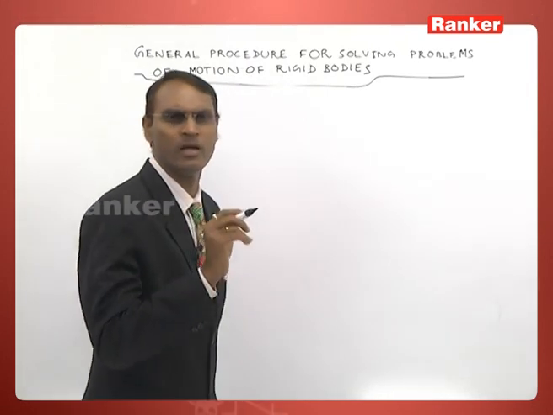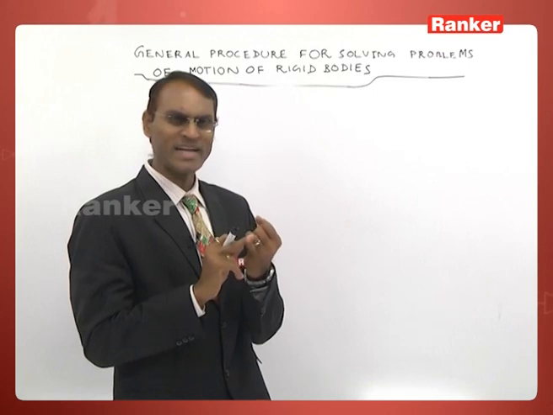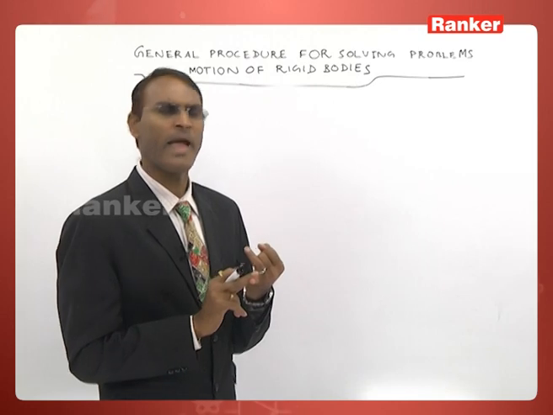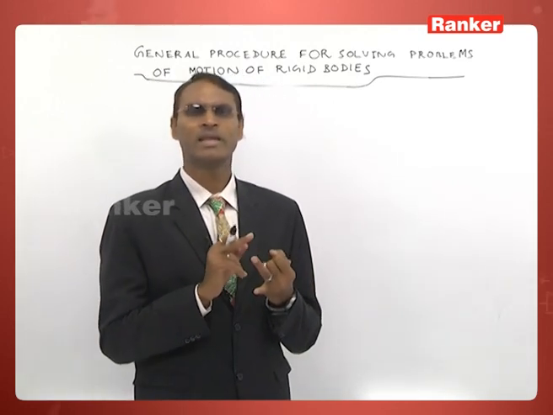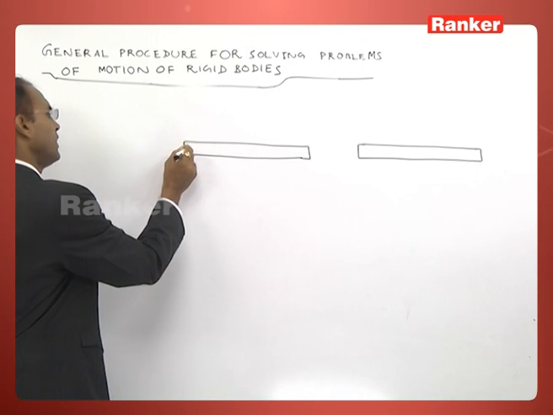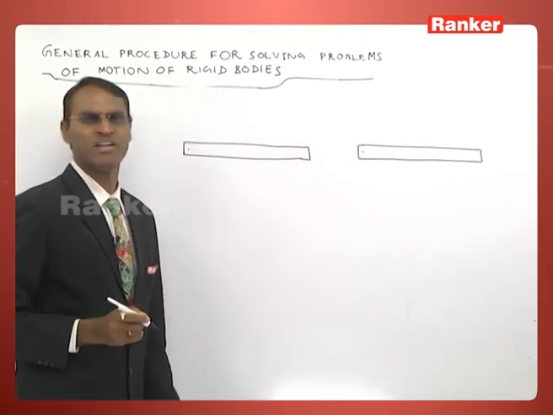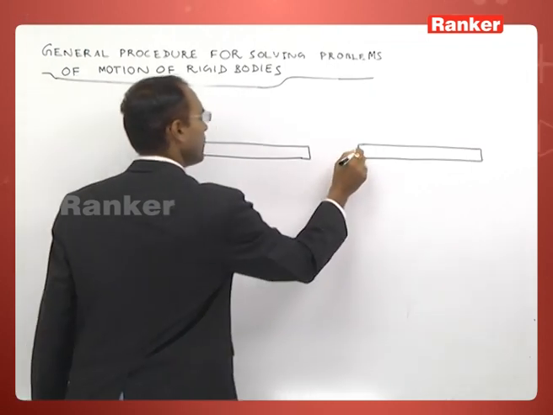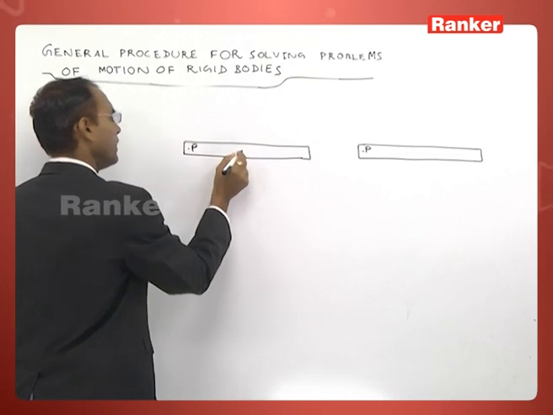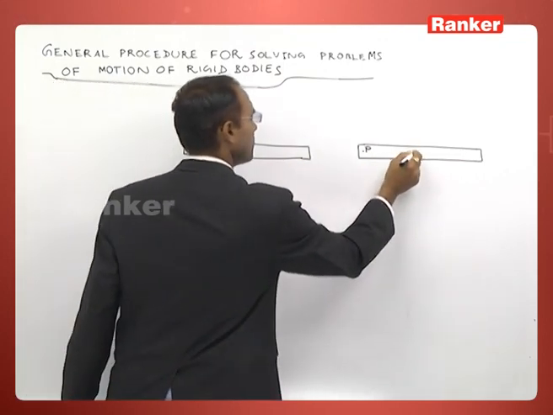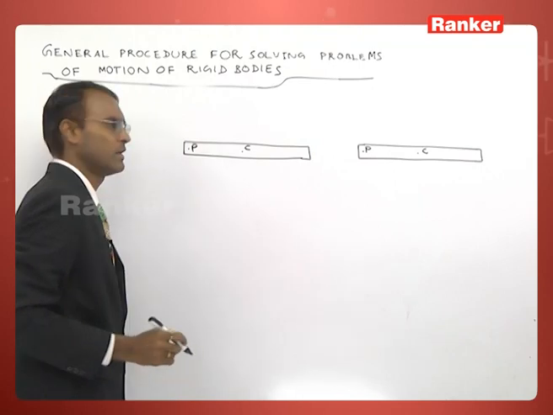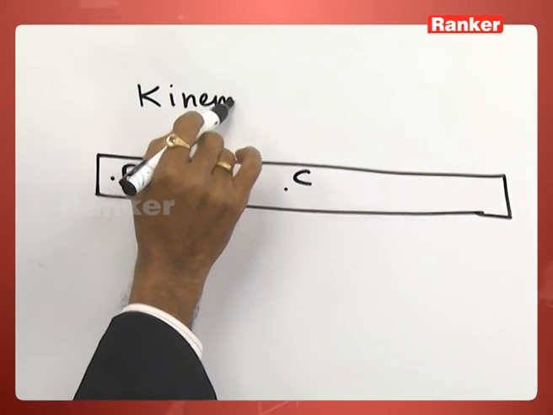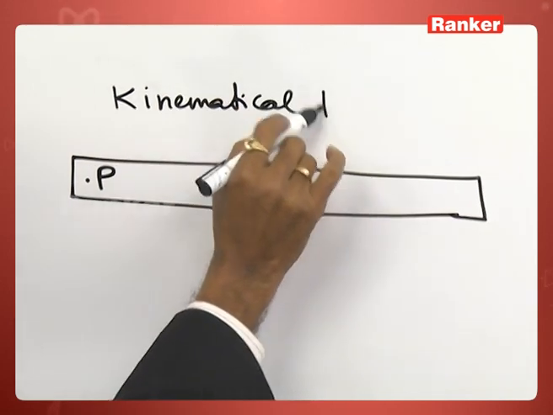Let me redraw the diagrams, the kinetics diagram or dynamical diagram or free body diagram, and the kinematical diagram. Here is the pivot P. Here is the center of mass. This is the kinematical diagram.